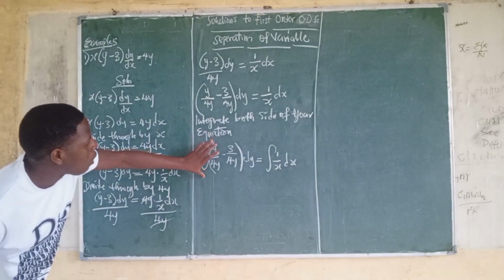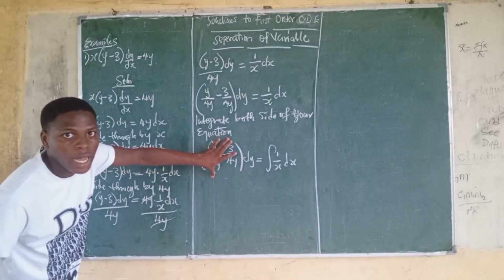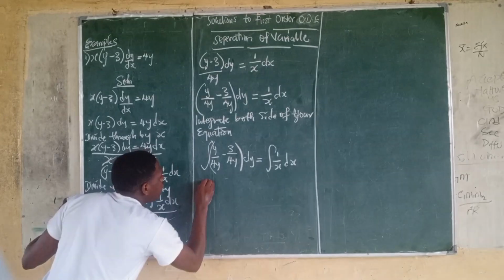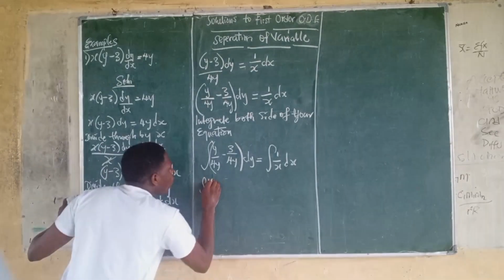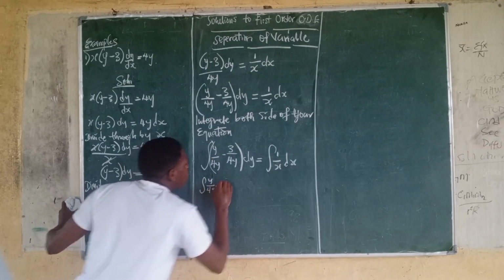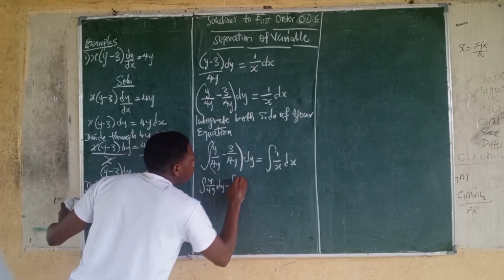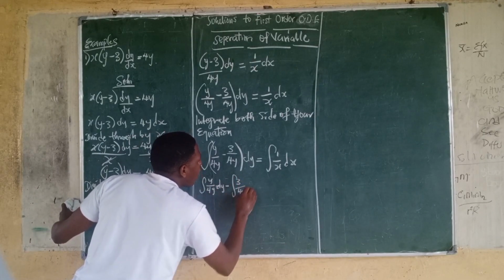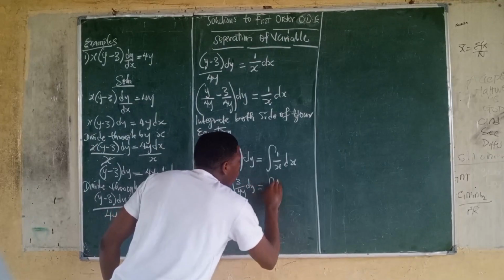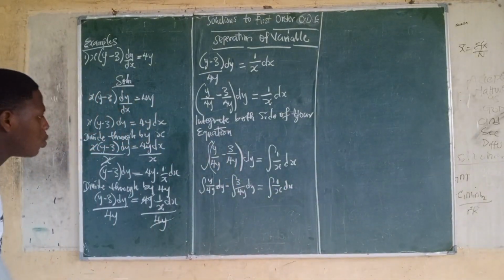Now, how do you think you can integrate this? You can still simplify this further before you integrate. Simplifying this, you have the integral of y/(4y) dy minus the integral of 3/(4y) dy, and this is equal to the integral of 1/x dx.